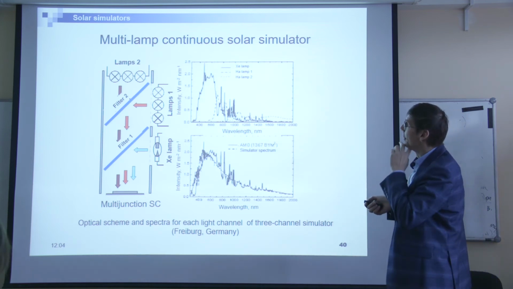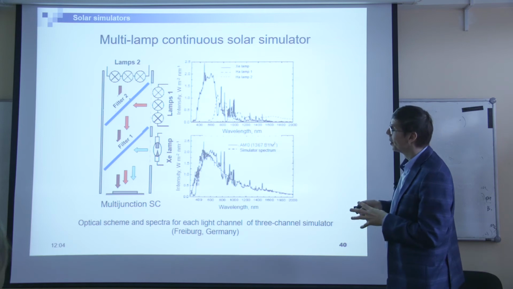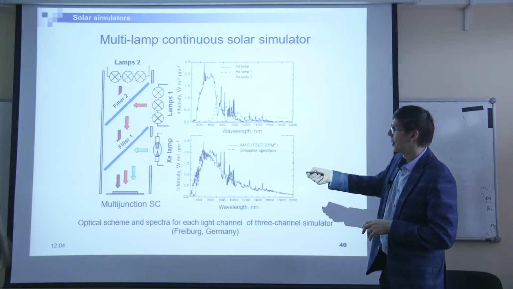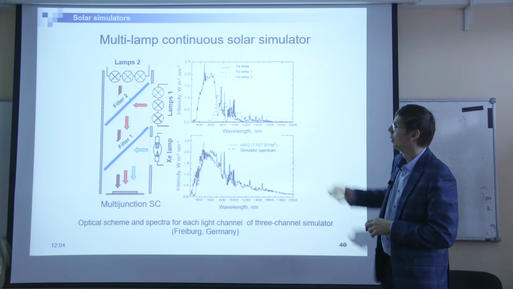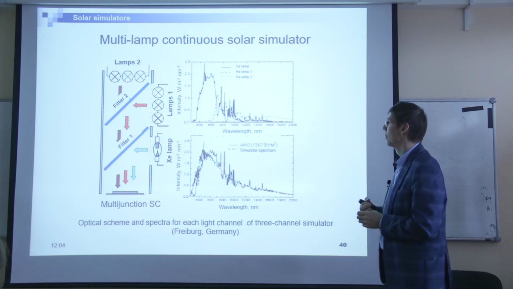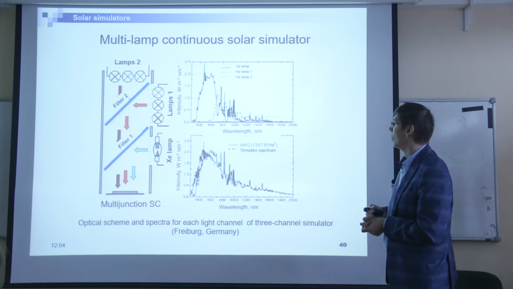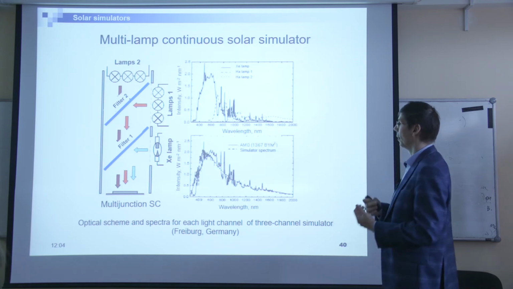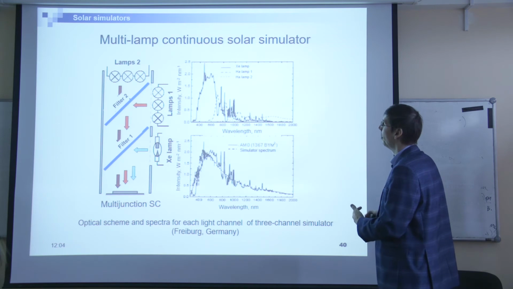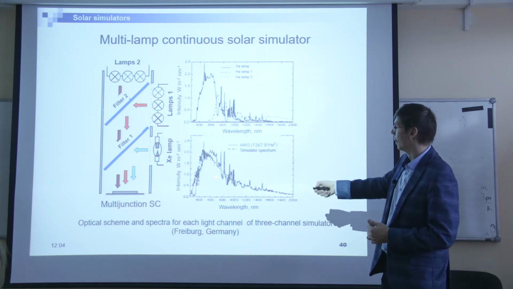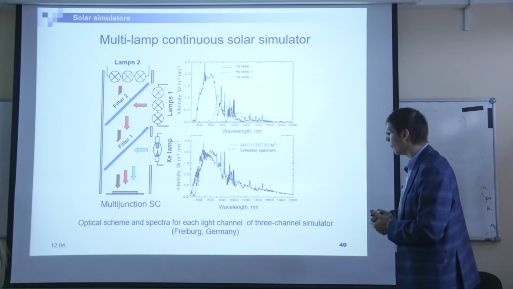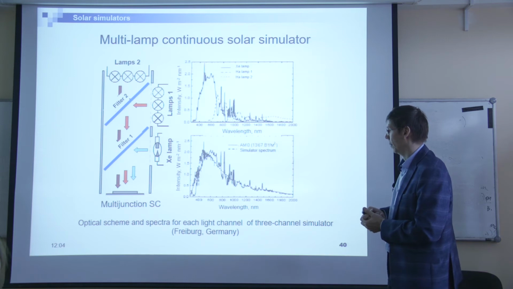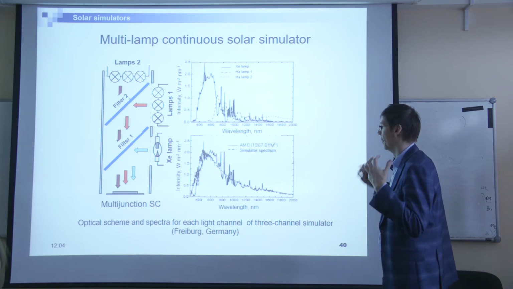For example, this simulator where a xenon lamp and two halogen lamps are used, and here you can see the different spectrum of each lamp, and here you can see the overall spectrum of the simulator.